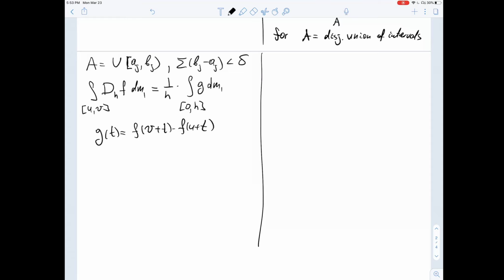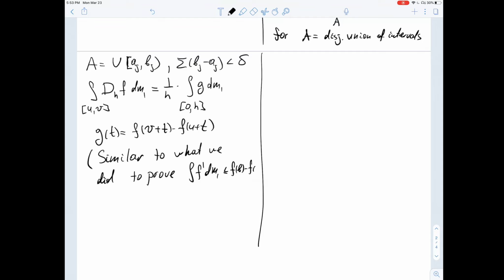This is very similar to the identity we had. So it's similar to what we did to prove that the integral of f prime dm1 is less than or equal to f of b minus f of a when f is increasing. So if you look there, you'll essentially find the proof of this statement.